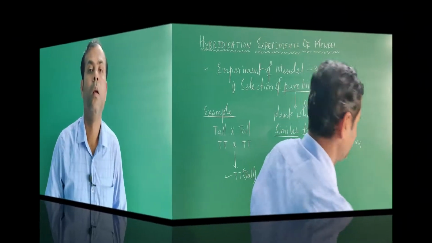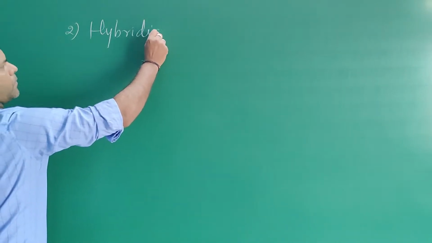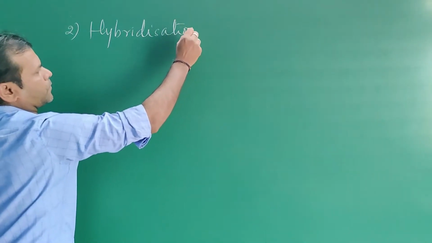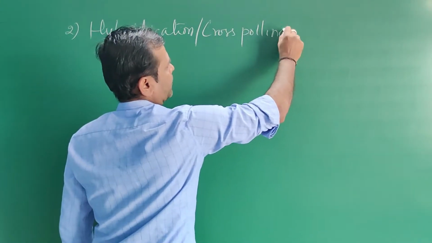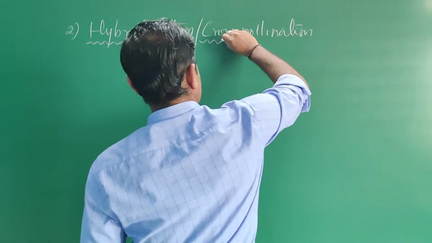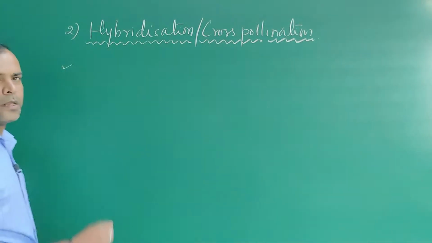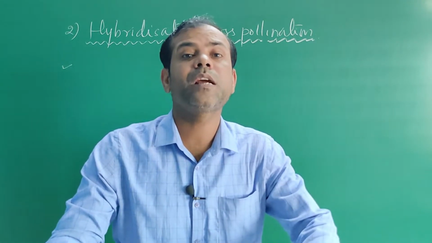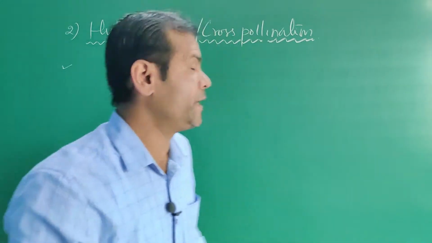Now, second step, that is hybridization, or cross-pollination. Now in hybridization, the plants having contrasting pair of characters are cross-pollinated.